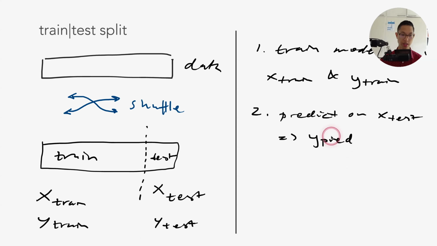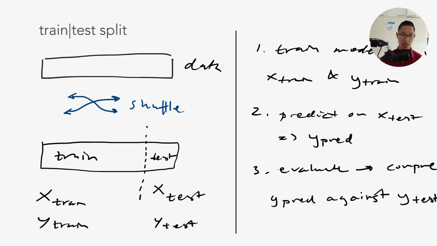You get y pred, your prediction. Finally, you evaluate by comparing against your y test. This gives you evaluation metrics, which you can use to see how well we did, and whether we can get better with other models or other parameters, etc.